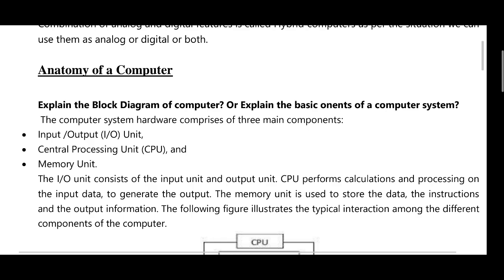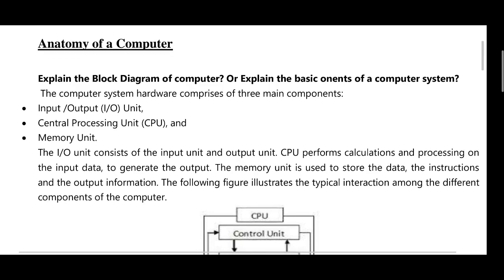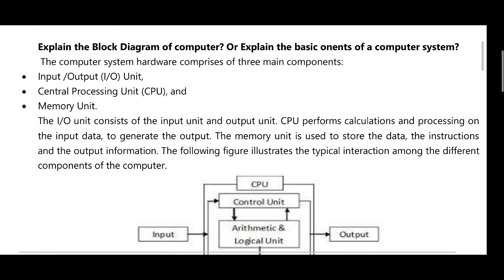A computer system's hardware comprises three main components: first one, input and output unit, CPU unit, and memory unit. This is the block diagram of a computer.